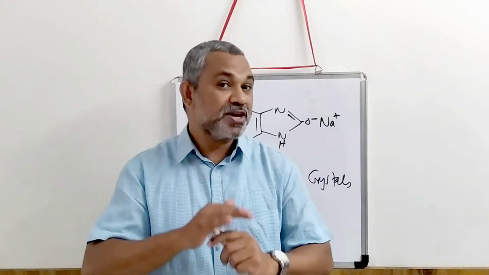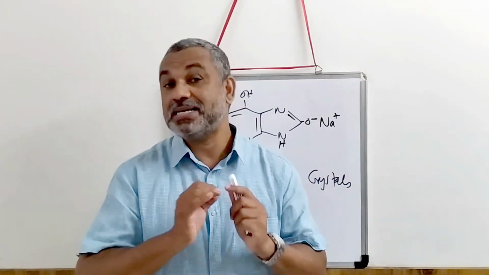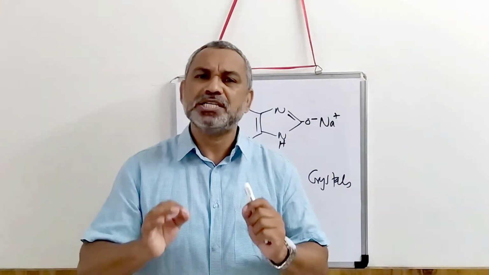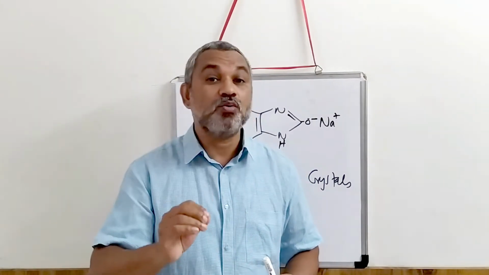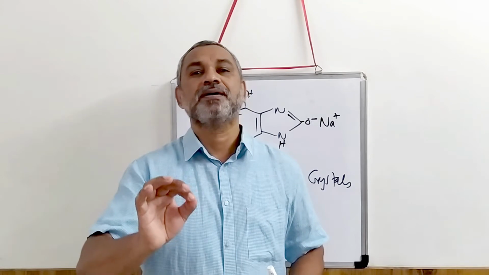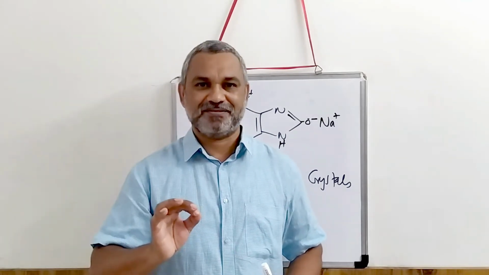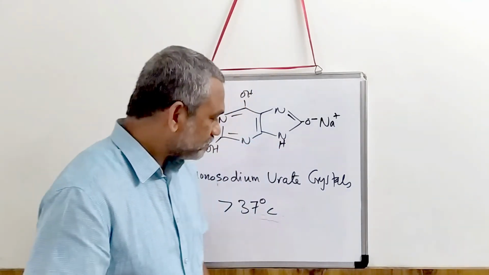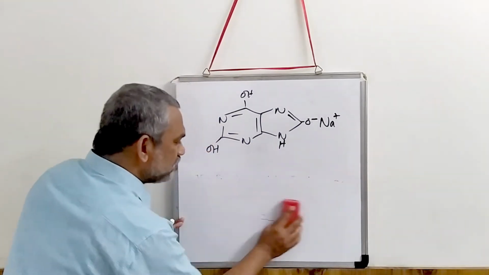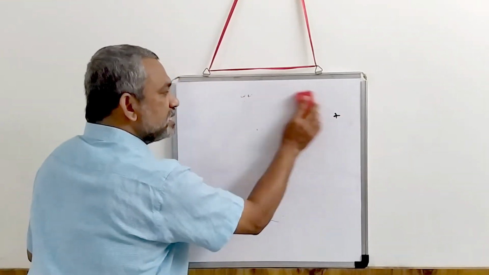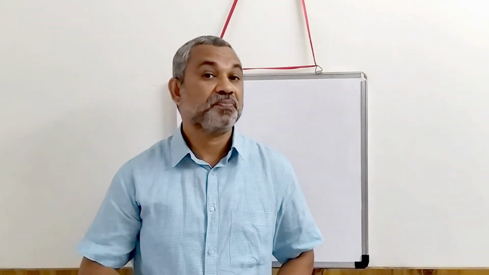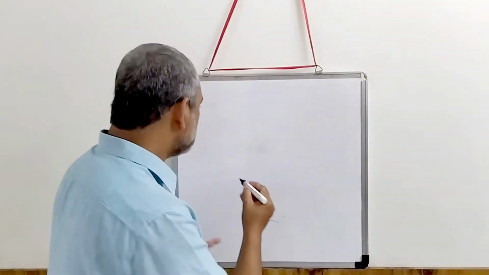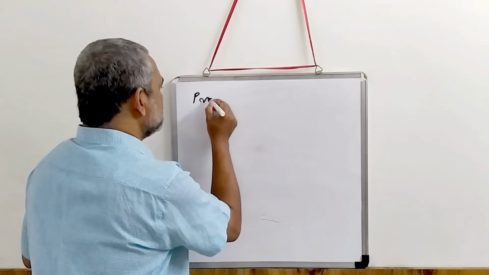So therefore now what we are going to do is we are going to understand how gout is formed. What are the reasons? And we will look at gout purely from a biochemical perspective. Okay? So from a biochemical perspective, we can say that gout arises due to two reasons. One is called primary reasons.